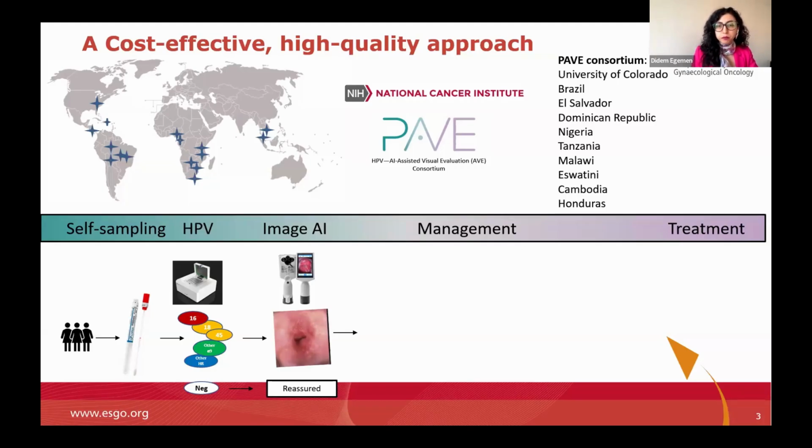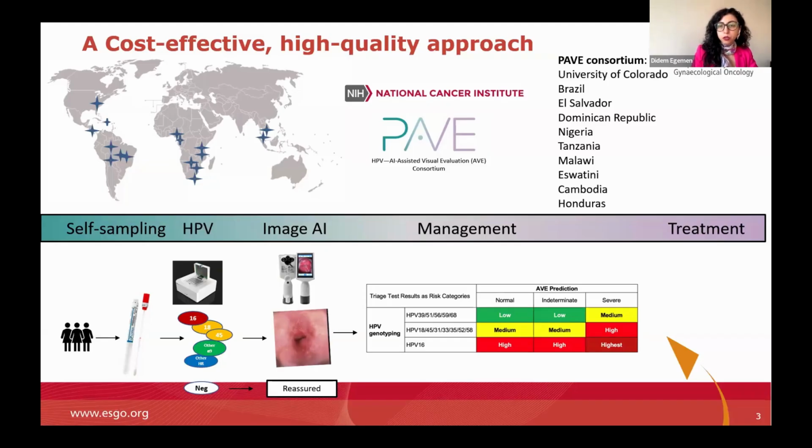Our algorithm will evaluate the image to give one of 3 test results: normal, indeterminate, or severe. Our aim is to create risk profiles of individuals by combining these 2 biomarkers, HPV and visual, and define who needs treatment most. And actually, the device we used in this study also has treatment probes, so the same device can be used to ablate for treatment.